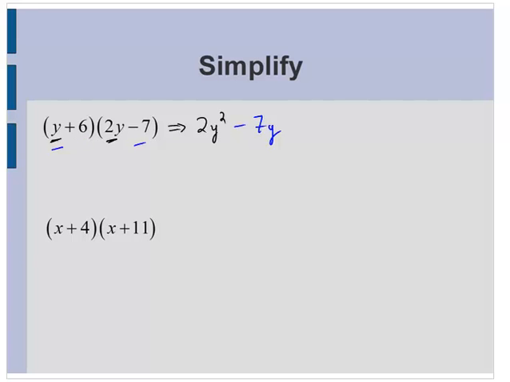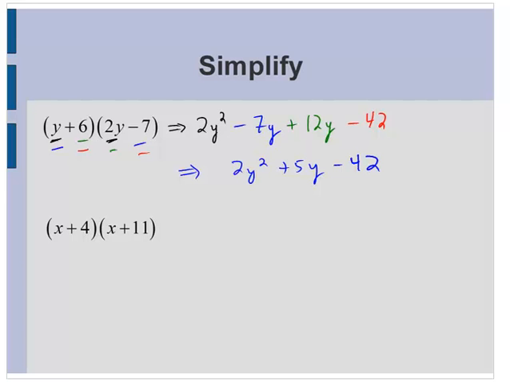Inners would be the 6 and the 2y, would be plus 12y, and the last would be the 6 and the negative 7, which would give you a minus 42. Combining the like terms, we would have 2y squared plus 5y minus 42.